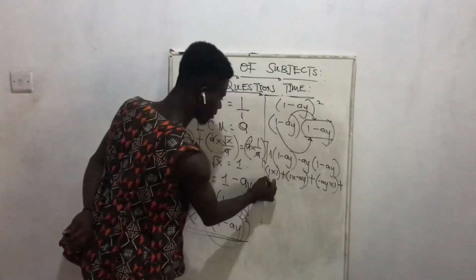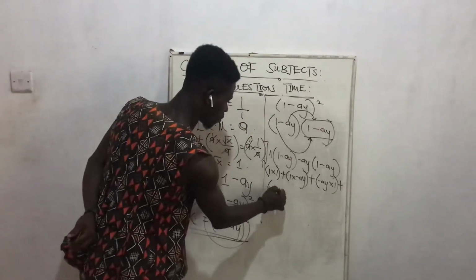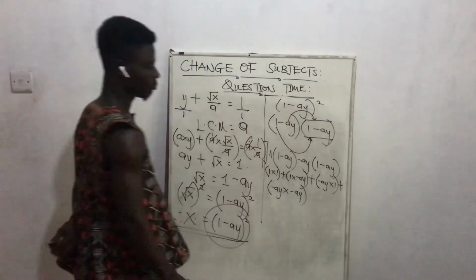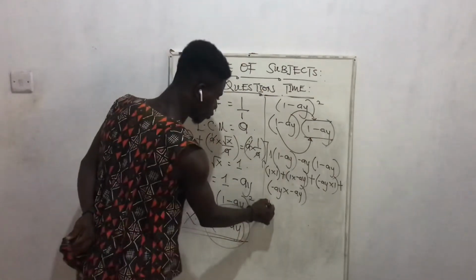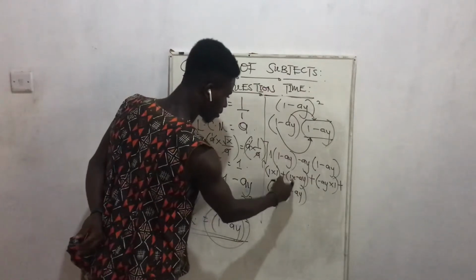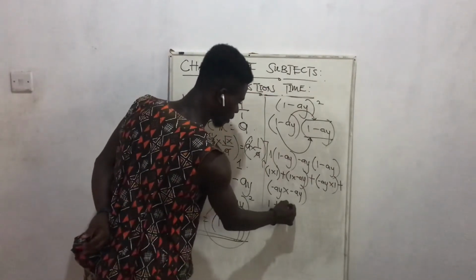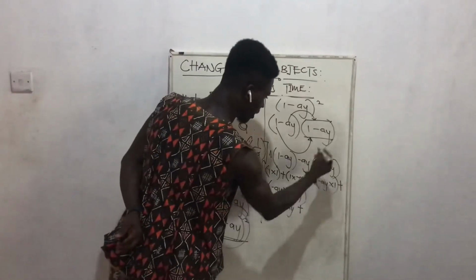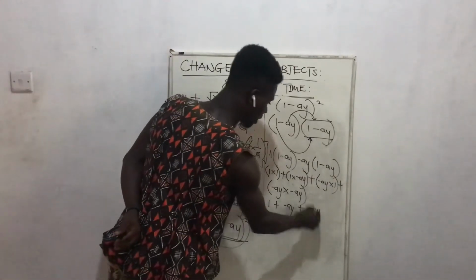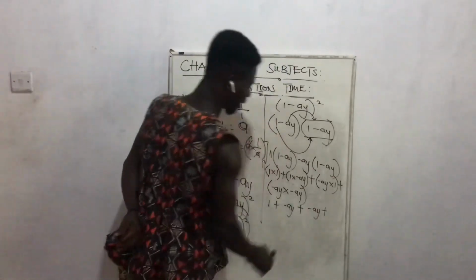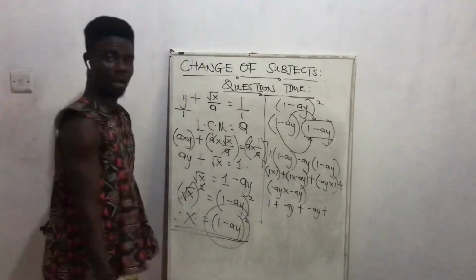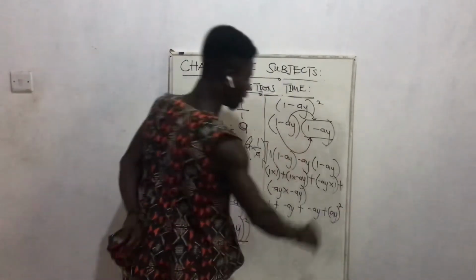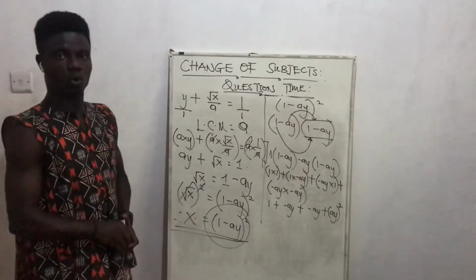So plus, you have minus ay multiplying minus ay. So 1 times 1 gives 1. Then plus 1 times minus ay is minus ay. Then plus minus ay times 1 is minus ay. Then plus again, ay times ay gives ay all squared.